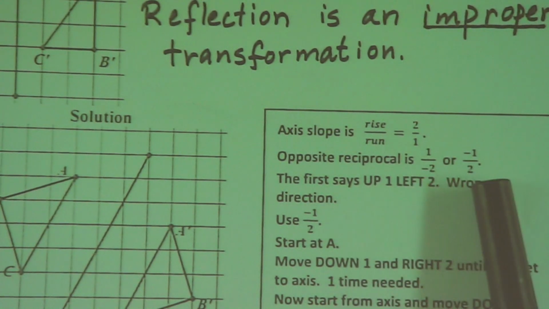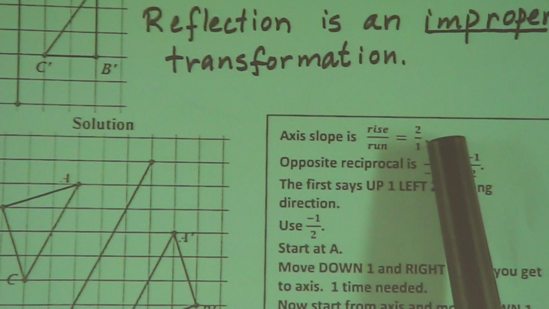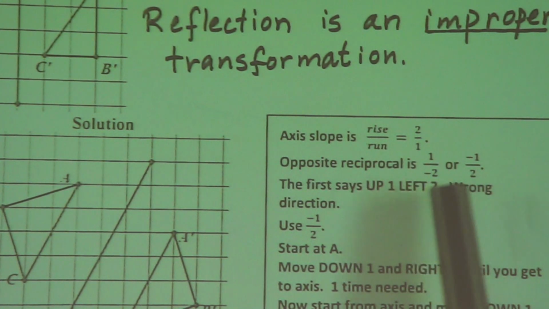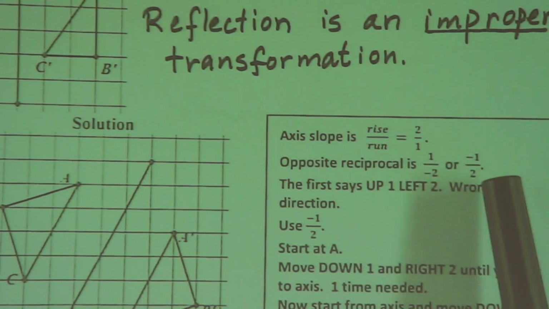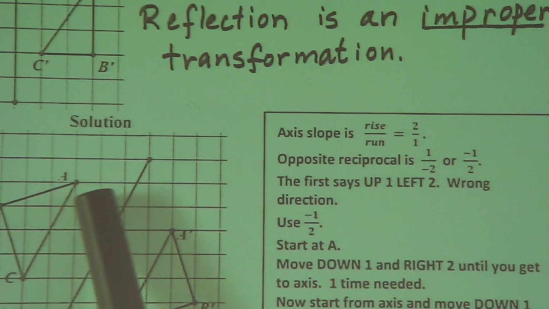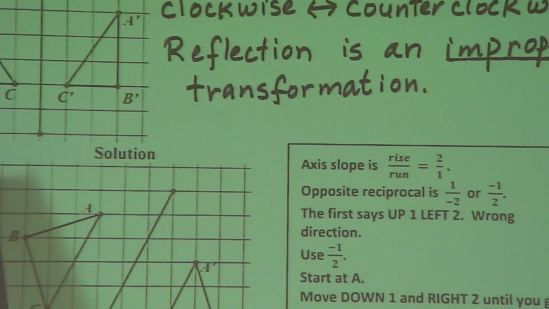Now these have different meanings. This first one tells me go up 1 and run 2 to the left. And this one says go down 1 and move 2 to the right. So here is A. If I were to go up 1 and move 2 to the left, I am going in the wrong direction. So we will not use that.